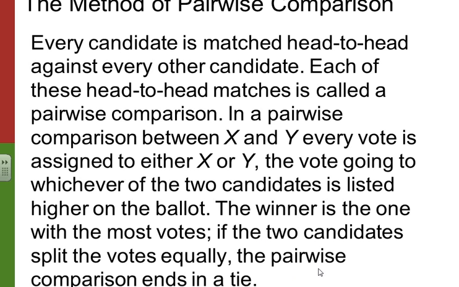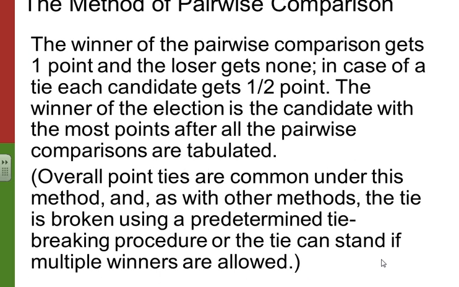If there's a tie, then the comparison ends in a tie. If two candidates split the vote equally, then that's a tie. The winner of a comparison gets one vote. The loser gets none. In case of a tie, they get half a vote. Okay.